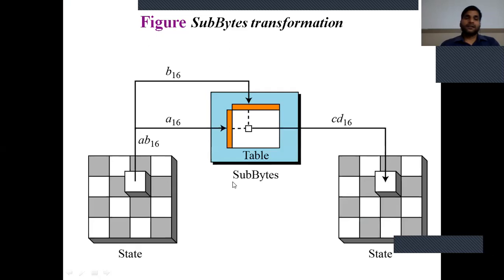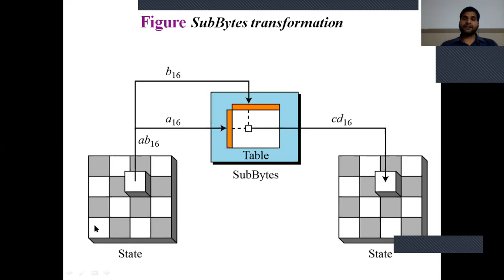Suppose state data is given. It is 4 by 4 and each byte is stored in 8 bits. The first 4 bits represent the row and the last 4 bits represent the column.